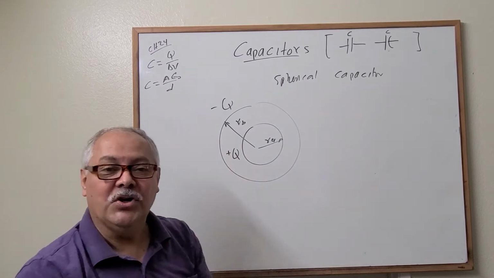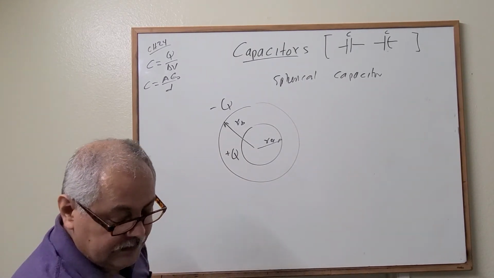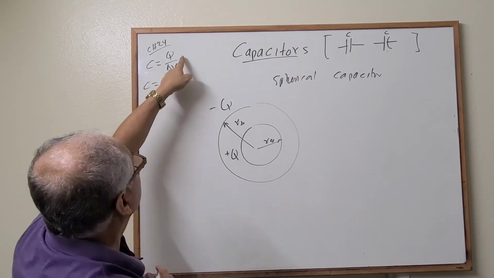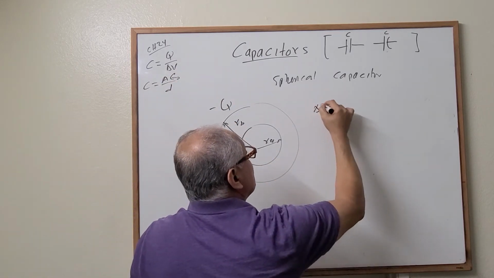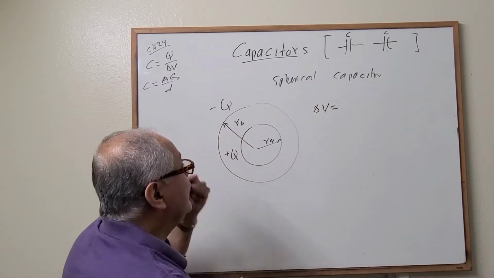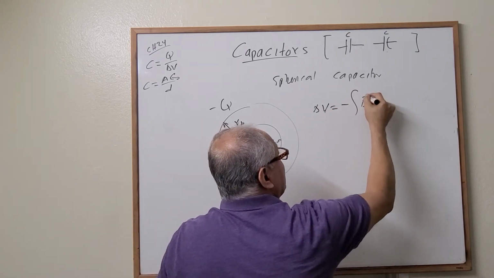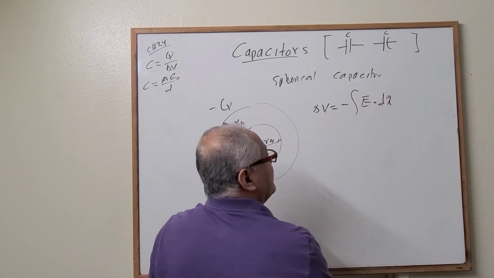That's the total charge. Now, remember, looking for capacitance, we need to find the charge and the voltage. Let's find the voltage between these two spherical shells. According to the formula, it is the integral of the dot product of the electric field with the path length.